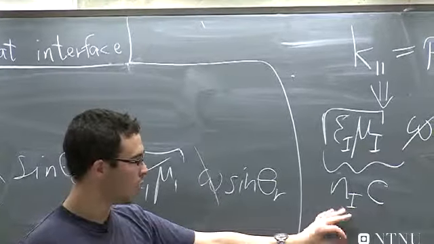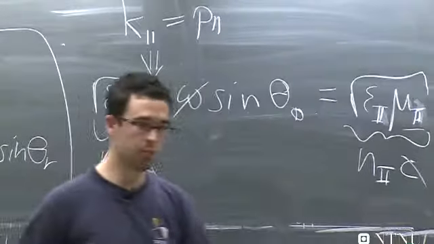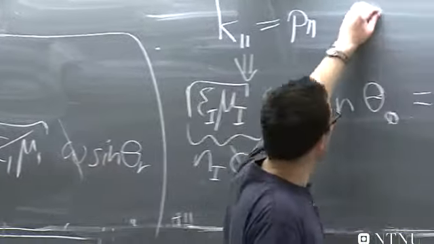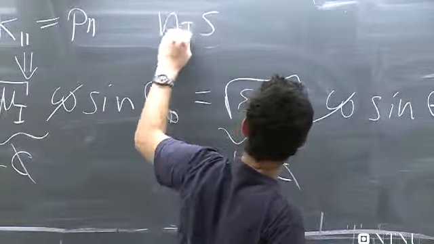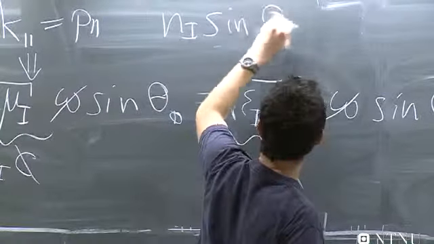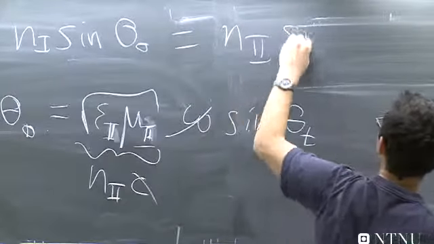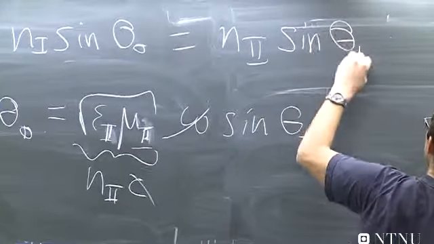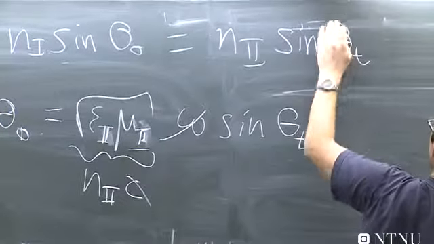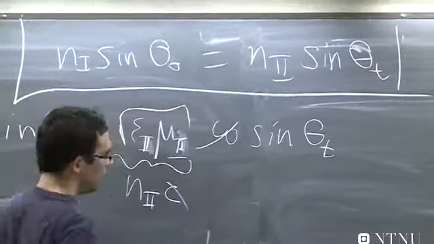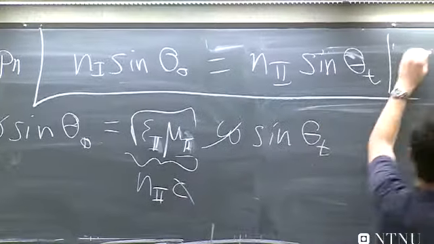And now you'll see that the c's are also the same, of course, it's a constant. And we have n1 sine theta naught equals n2 sine theta t. And this is what is called Snell's law.